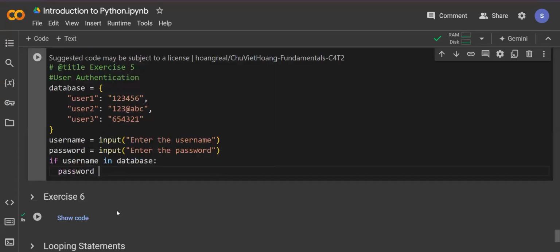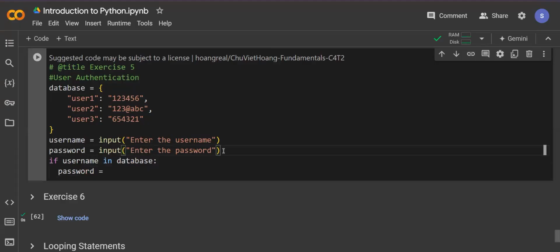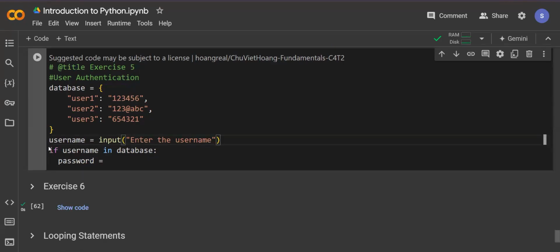Before that, one second. We cannot ask the user to enter the password directly. We have to first authenticate whether the username is correct or not. So let me write only the username, and the password I'll ask here. Password is equal to input, enter the password.